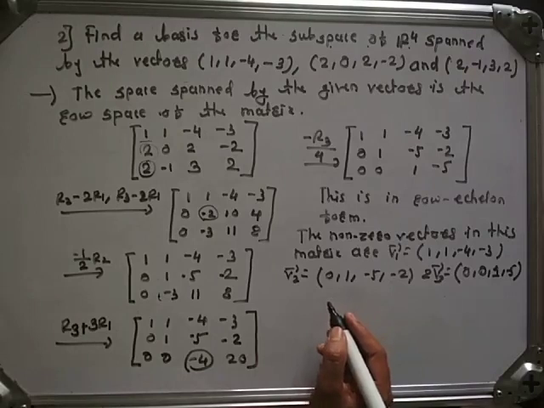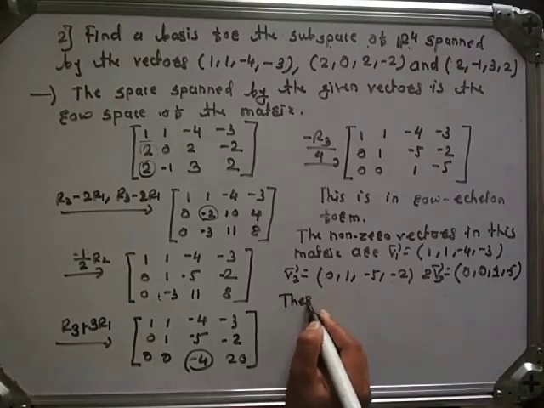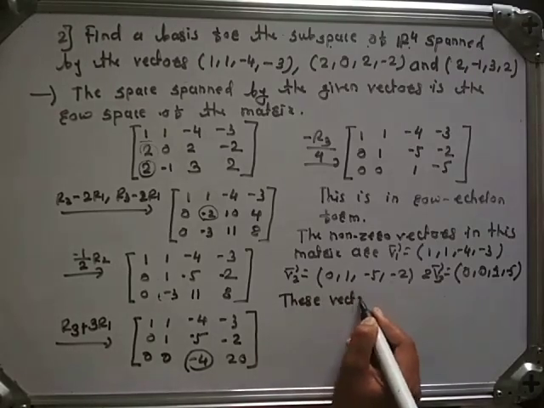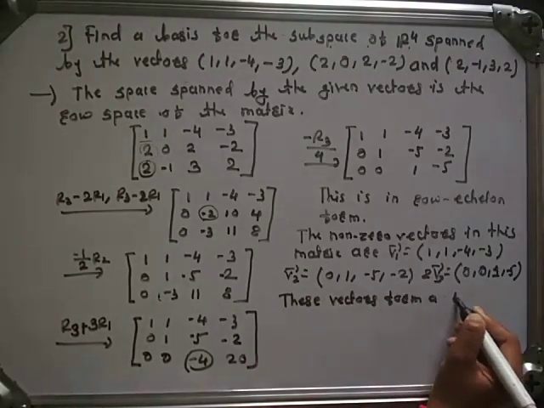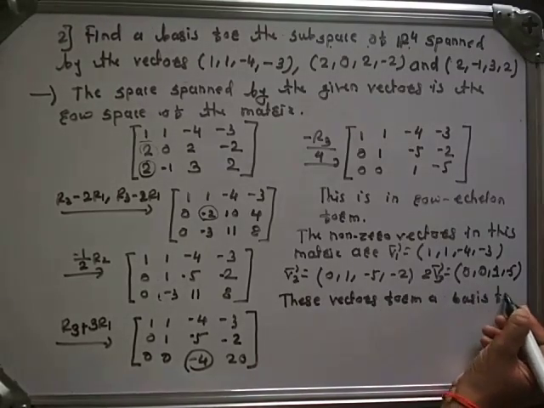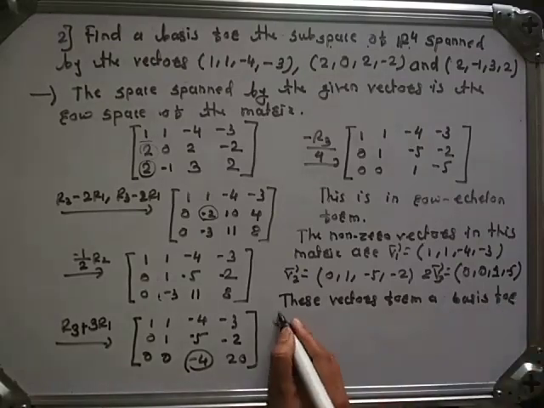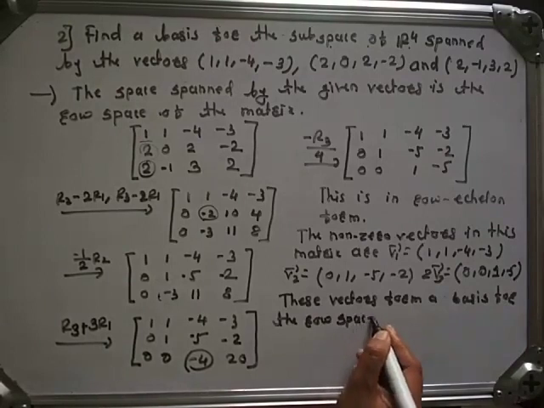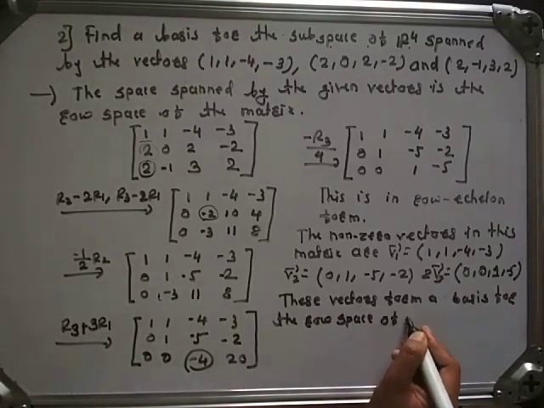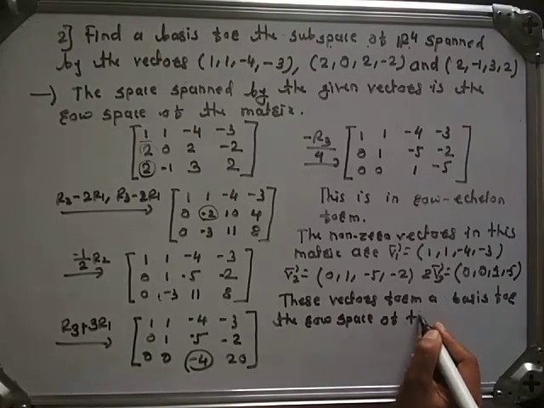These vectors form a basis for the row space of the matrix.